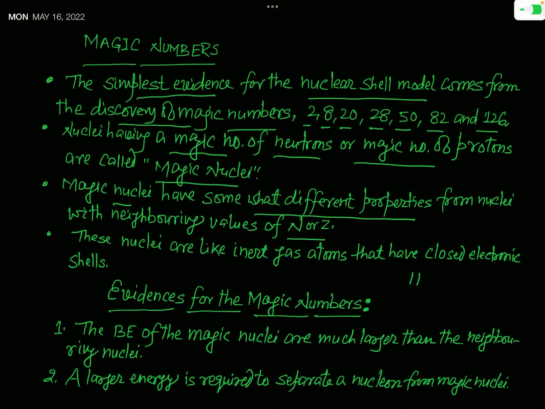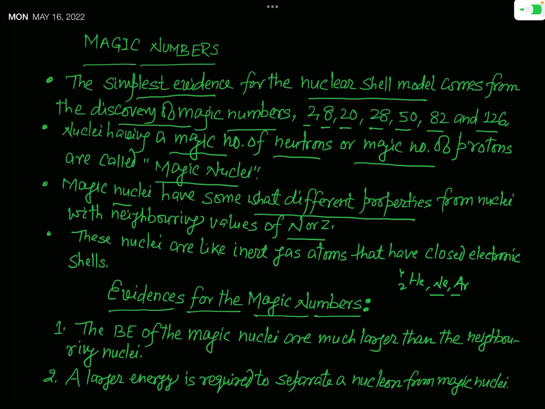For example, helium is an inert gas, 2He4, and its shells are completely filled, closed shells. Similarly, there are neon and argon. These are the inert gases, and in their case all the shells are completely filled by electrons. Similarly, if you talk about the magic nuclei, all the shells of those magic nuclei will be completely closed with nucleons.